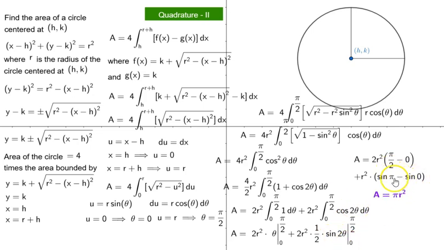Simplifying it, we get 2r square times pi by 2, that is pi r square, plus sine pi is 0, sine 0 is 0. So the second term totally disappears. And we are left with A is equal to pi r square, which we know is the area of the circle.